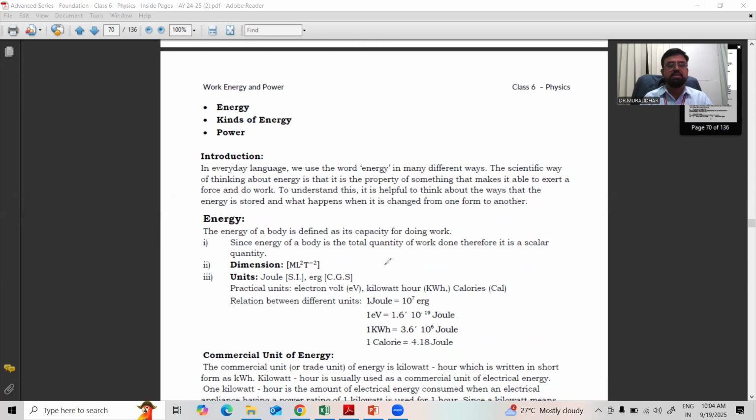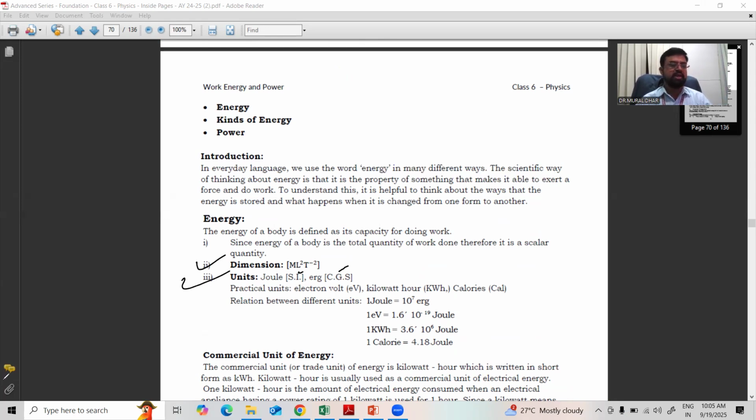Since energy of the body is the total quantity of work done, it is a scalar quantity. So energy is nothing but work done only, but how much you can do is that energy. The dimension formula you have seen, though you may not know it much. Units: joule in SI system, erg in CGS system. Both energy and work have the same units, because energy is also a capacity of doing work.